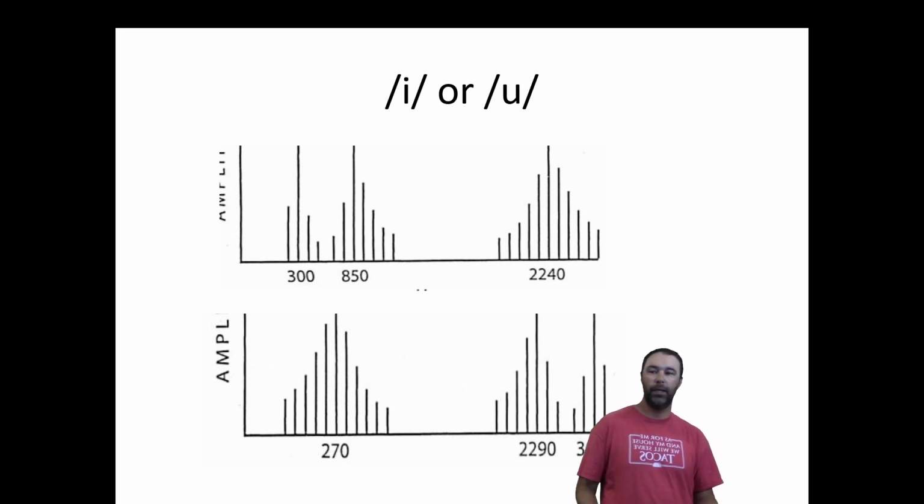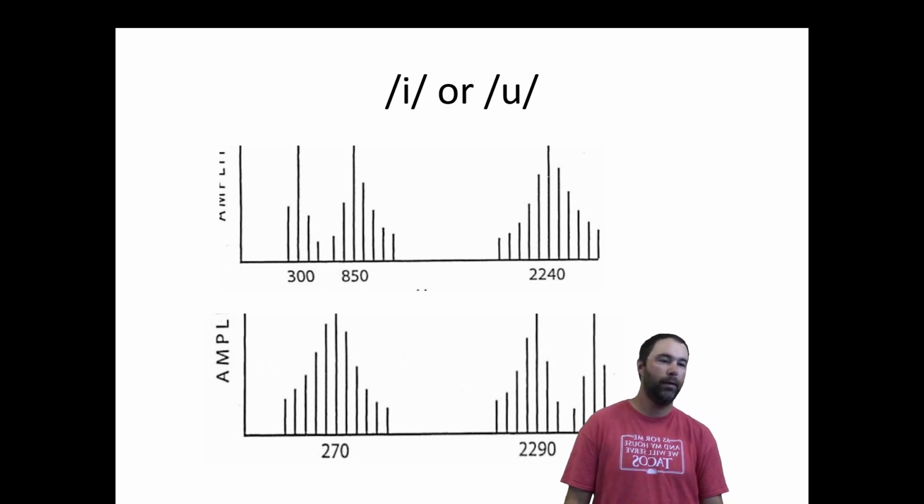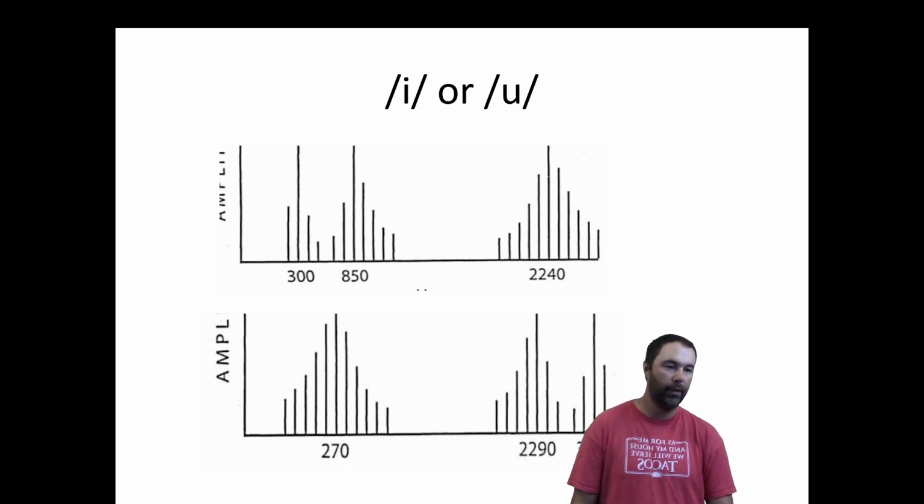F2, remember, was going to be associated with which of our cavities? F2 is associated with our oral cavity. Remember, if we have a big oral cavity, it's going to have a low frequency. If we have a small oral cavity, it's going to have a high frequency. So what do we see on this peak? We see 850 versus 2,290.